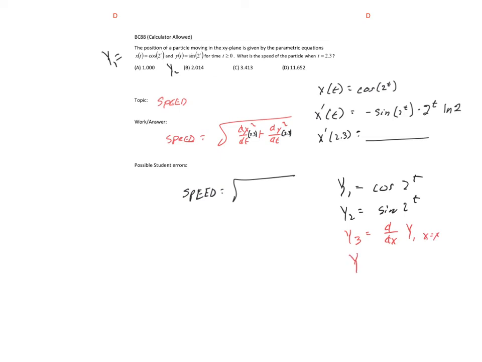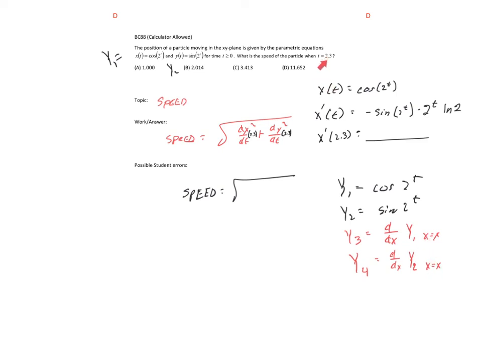Then I'm going to have my y4 be the derivative of y2. I know you could change this up, but whenever I put a derivative into y3 or y4, I'm just going to leave it as the variable x.